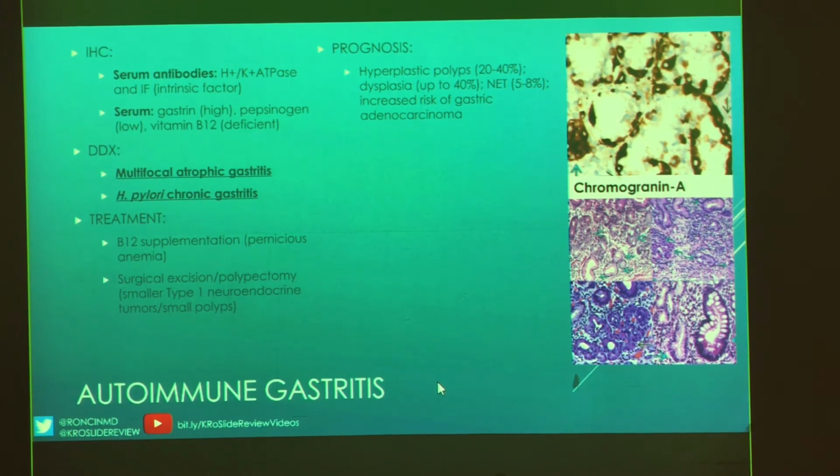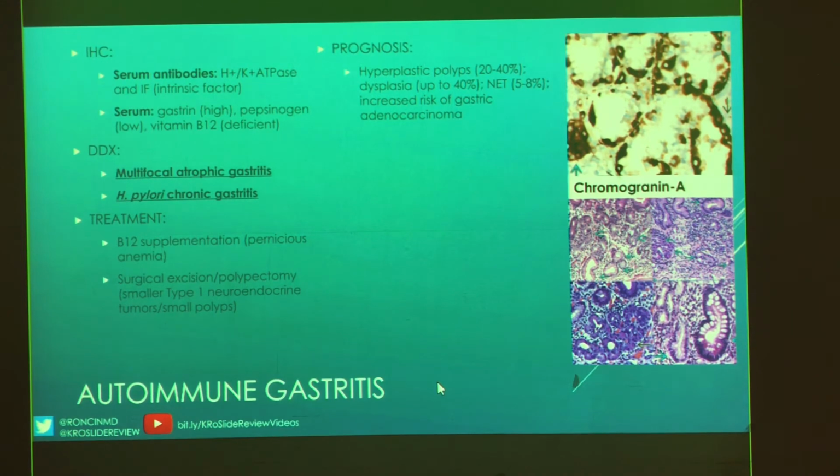Your differential is going to be multifocal atrophic gastritis, which, just as it sounds, is atrophic gastritis that's multifocal. It's not associated with the autoimmune function, so you wouldn't see things like the eosinophils and mast cells, and obviously their serum studies would be normal. You also need to consider H. pylori chronic gastritis.